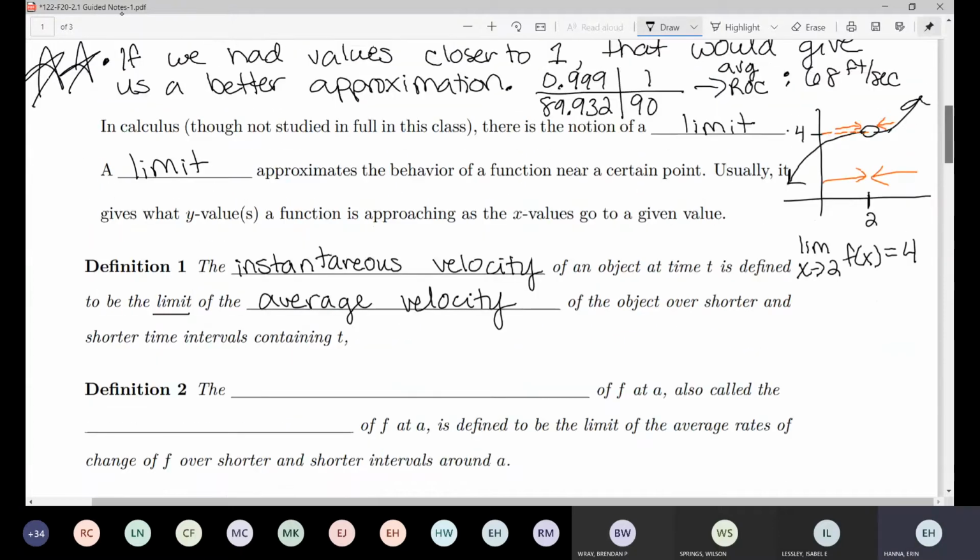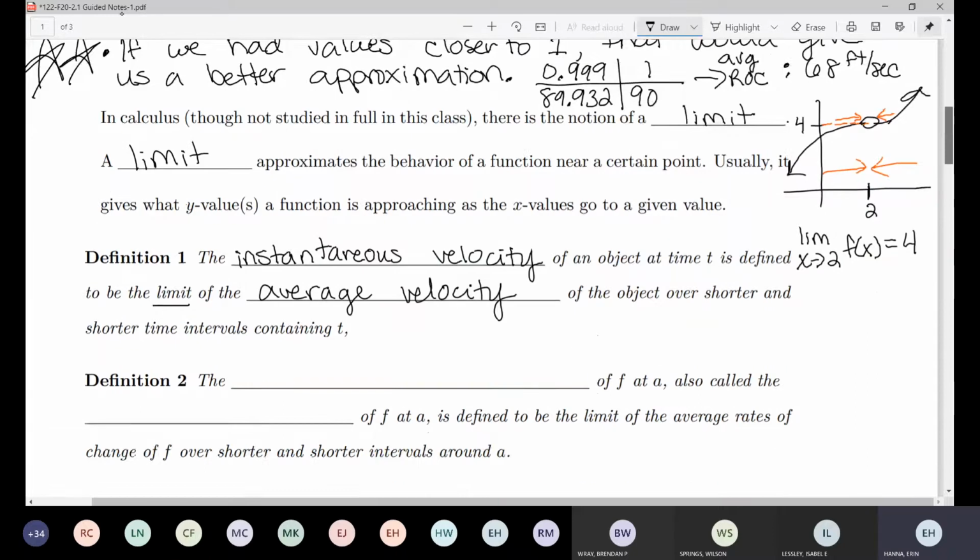Now, just like with average velocity and average rate of change, there's also the generic form of instantaneous velocity, and that's the instantaneous rate of change. Just like with the average one, the velocity one is just specifically in the context of a distance function.